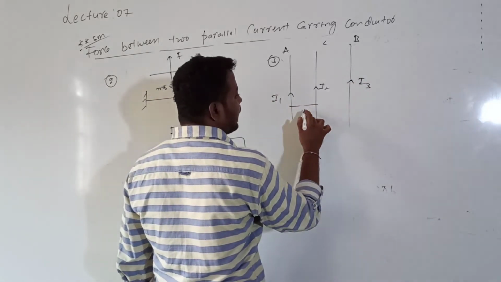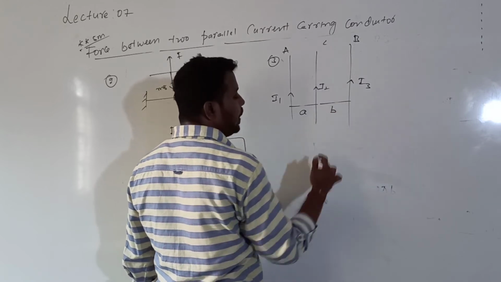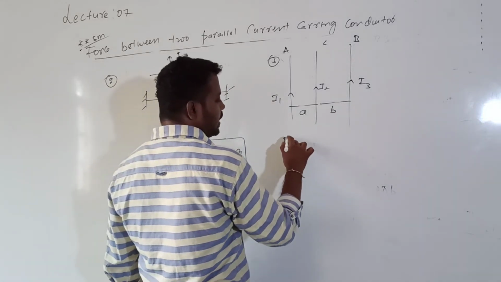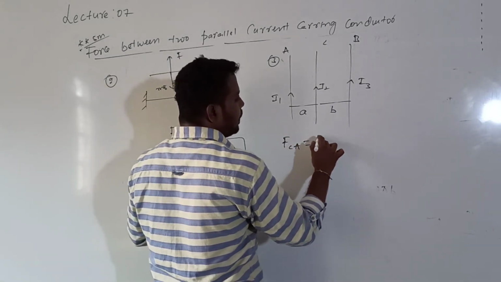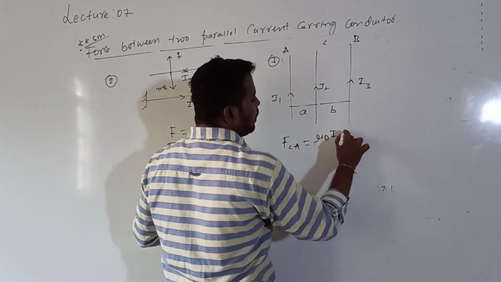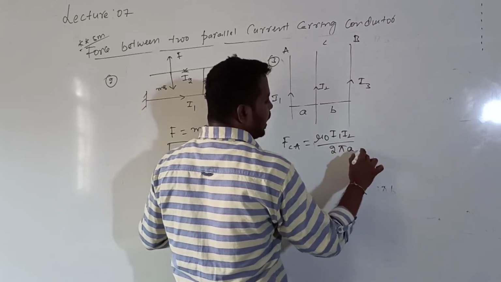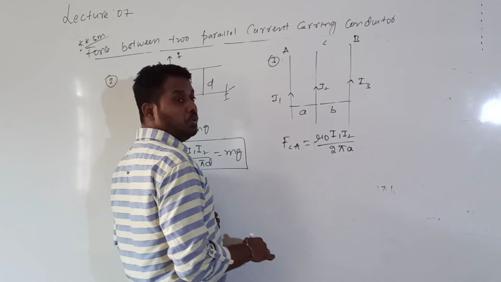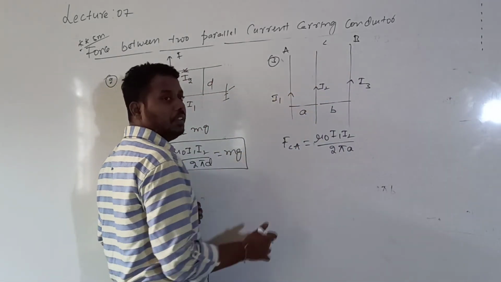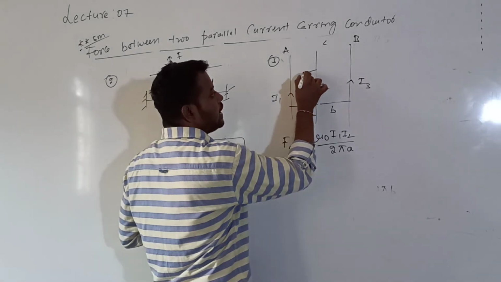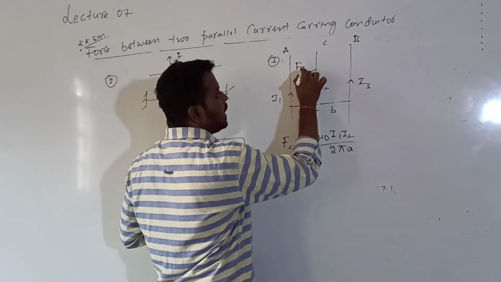The separation between A and C let me call A, and the separation between C and B let me call B. Now what is the force acting on C? Due to A, it is given by mu naught I1 I2 divided by 2 into pi into A. When A and C both carry current in the same direction, C will be attracted towards A.